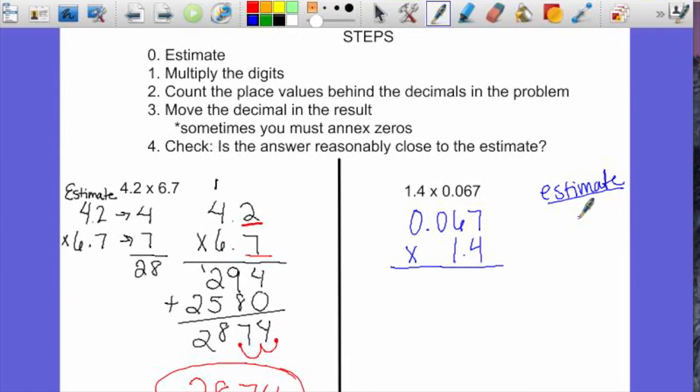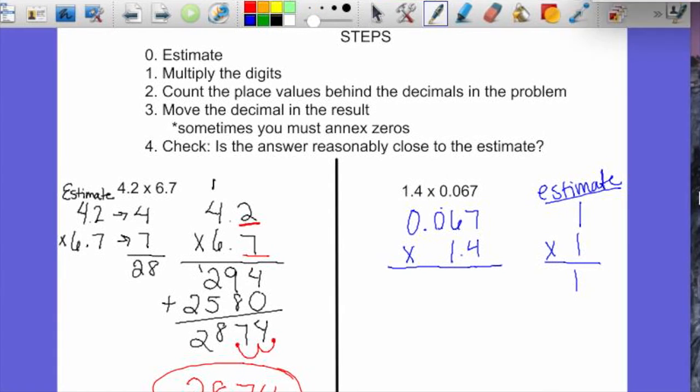But we're probably going to go around with 0 or 1. Because 0 is kind of special as it makes everything turn to 0 when we multiply it. So I'm going to pick 1. And then 1 4/10 is probably also 1. So 1 times 1 is 1. It's a very small number, so that's what that means. It's going to be somewhere in the 0 and the 1 range when we get done. So let's go ahead and do the math and see what we get. So we're going to start doing the second problem.